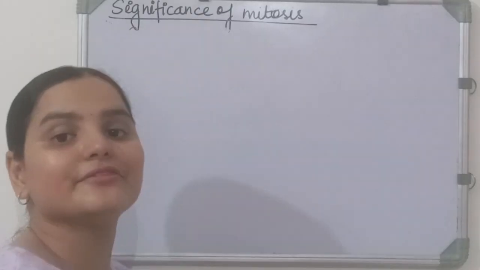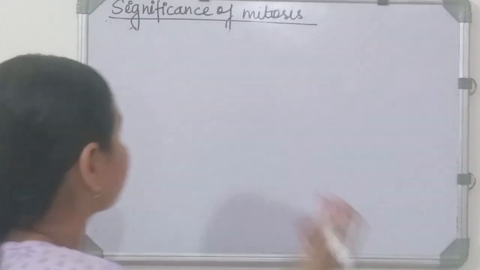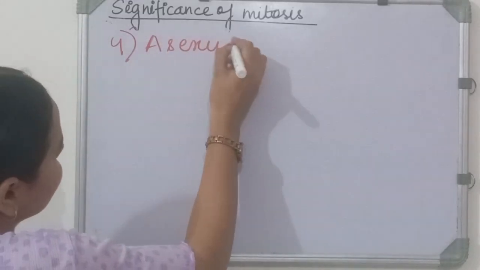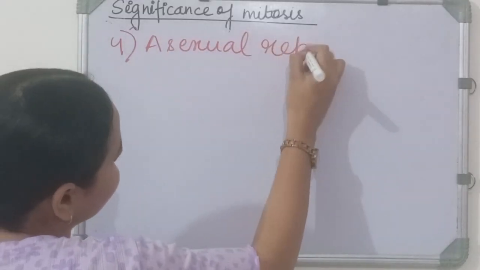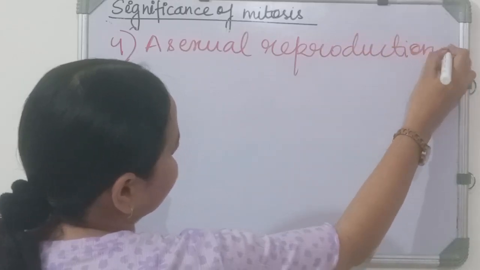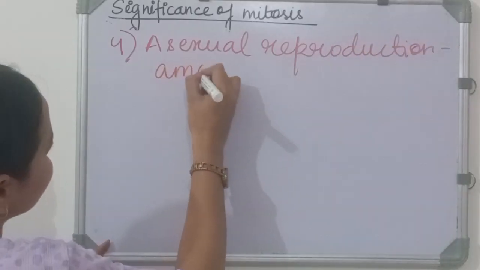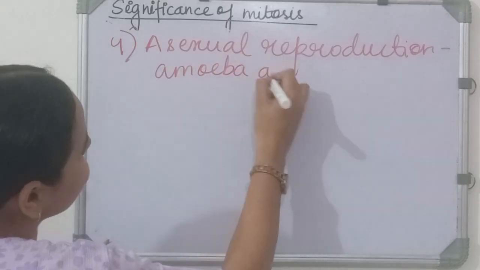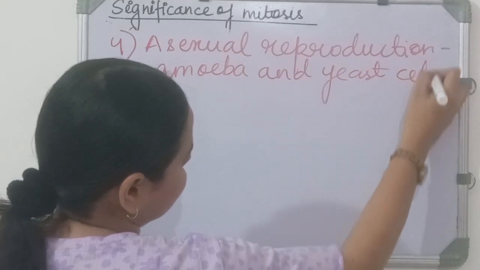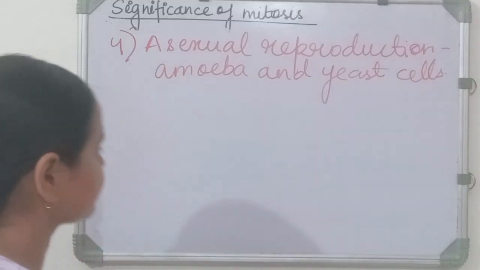Fourth significance is asexual reproduction in amoeba and yeast cells. See how it happens.